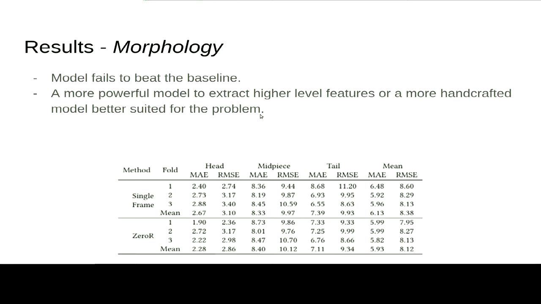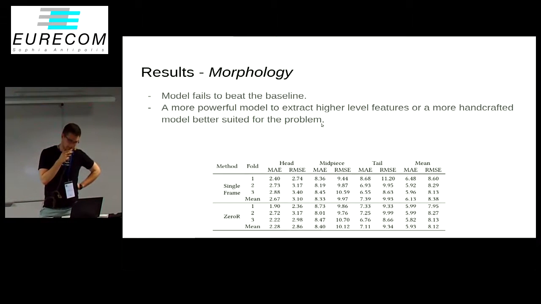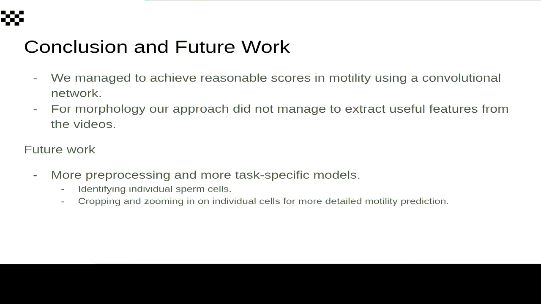For morphology, even though it was a lot shallower than I tried earlier, it still didn't manage to beat the 0R score. So yeah, it didn't really perceive any useful information from the videos.